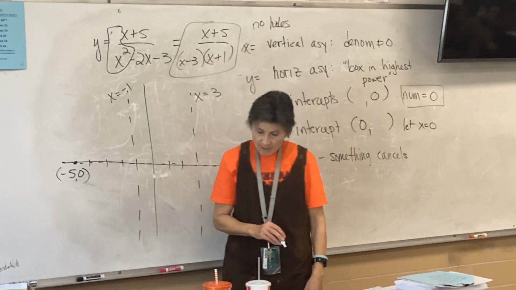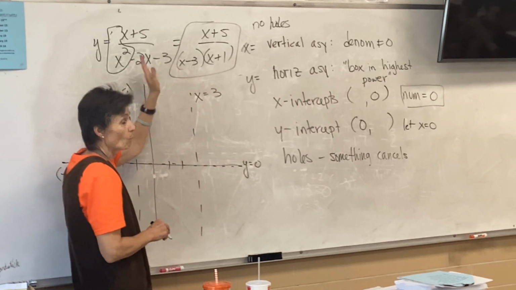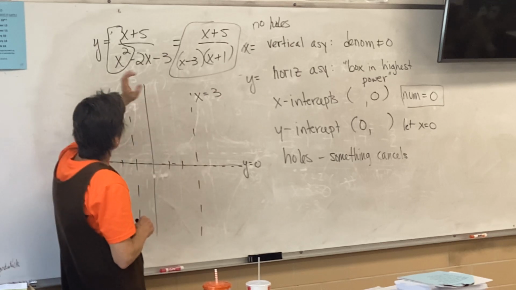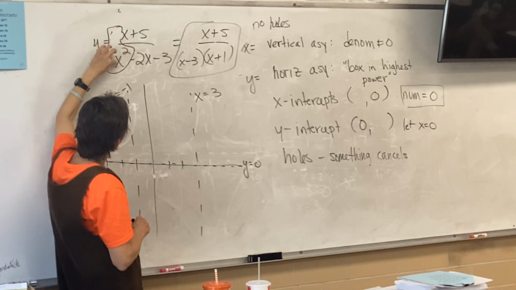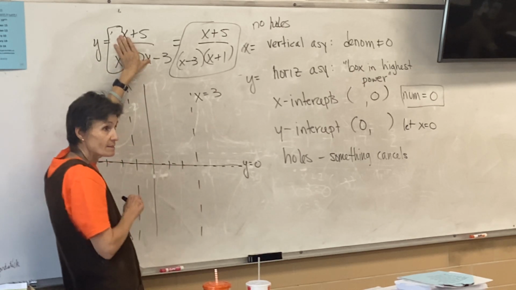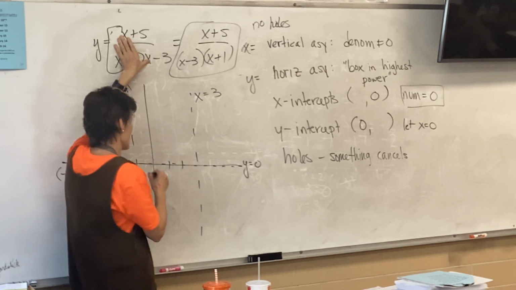You plug 0 in for x. And you can do that anywhere you want. You can do it in the original, or you can do it at the factored one. Again, I like to do it in the original because every time I put in a 0, that goes away. So all I have left is negative 5/3, right?